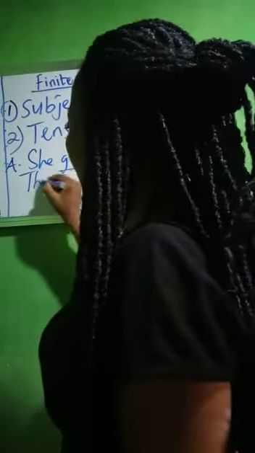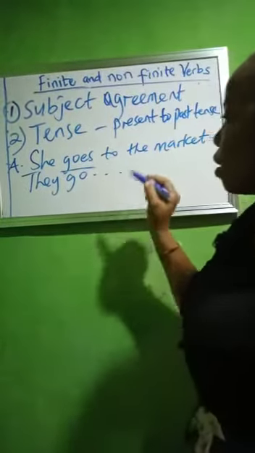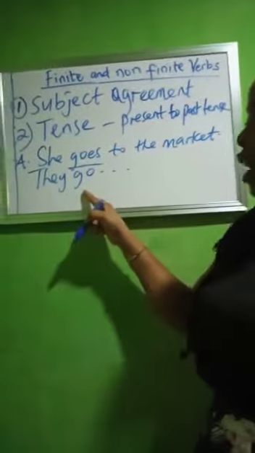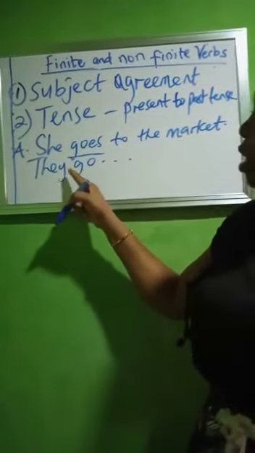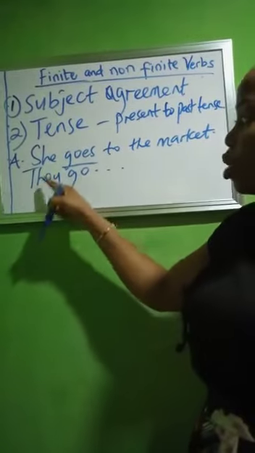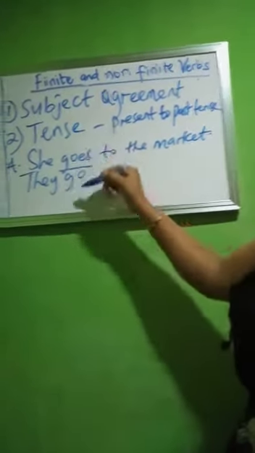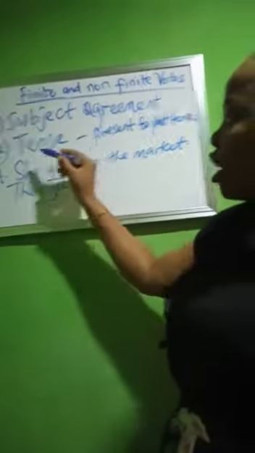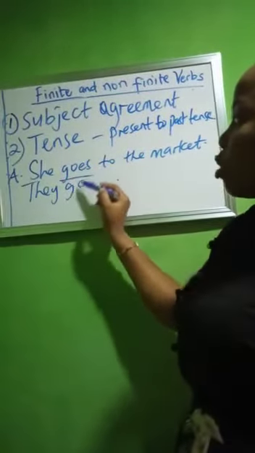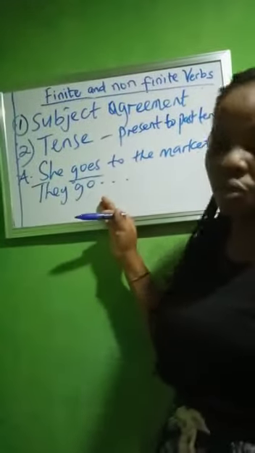If I change it to plural, the verb will change. So this plural verb is changing because there's an agreement happening. The plural verb needs to agree with the plural subject. So as we can see, it's a finite verb because it is changing from singular to plural. So any verb that can go through this process is a finite verb.